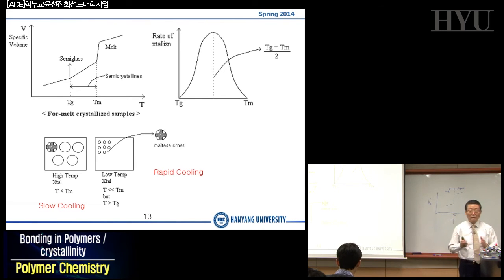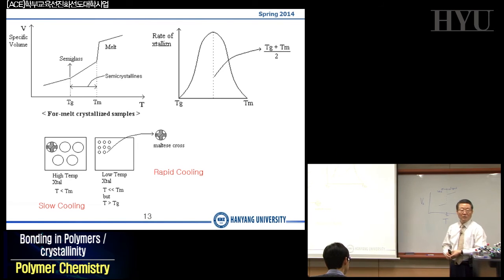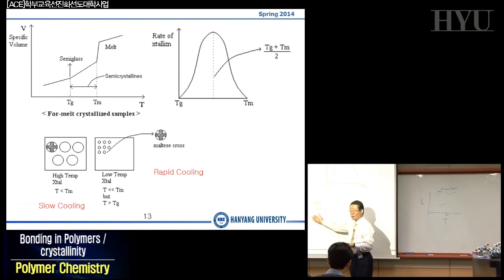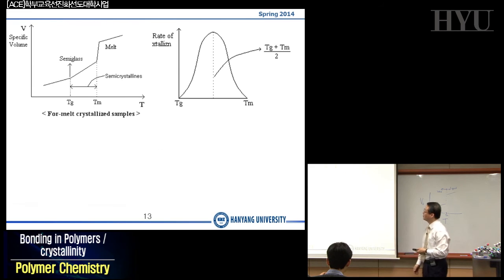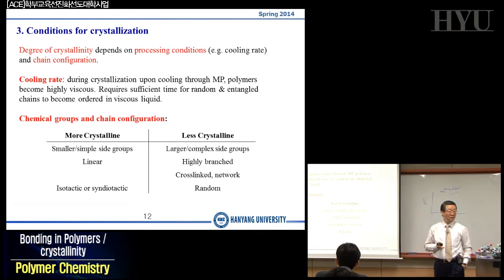So the cooling rate will give you a different crystalline structure. I don't know which is stronger or not, but anyway, the crystals are quite different. So cooling rate influences your crystallinity and crystalline structure, as you have already seen.